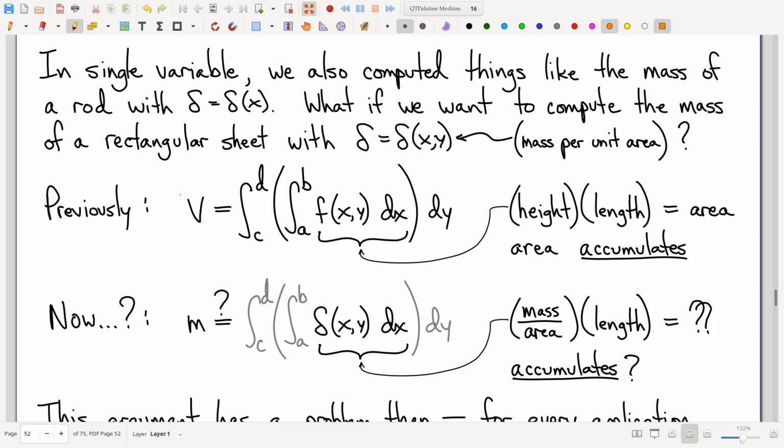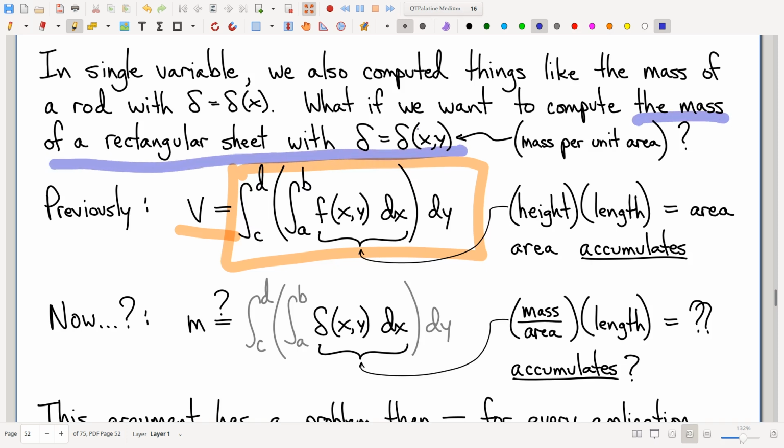Maybe this same construction that I use to compute the volume under a graph surface, maybe I can use the same construction to compute the mass of not a rectangular rod, but of a two-dimensional rectangular sheet where mass is distributed over this two-dimensional sheet, and therefore the corresponding density is mass per unit area.